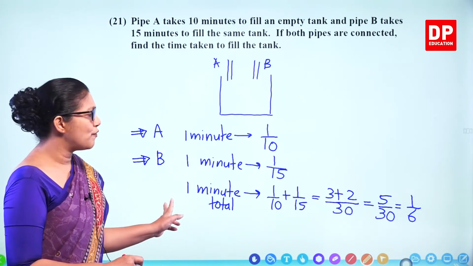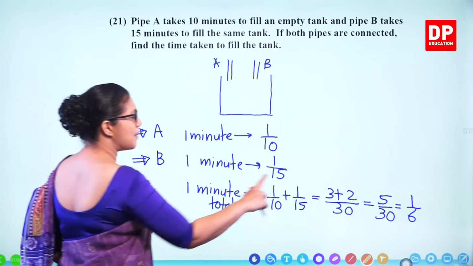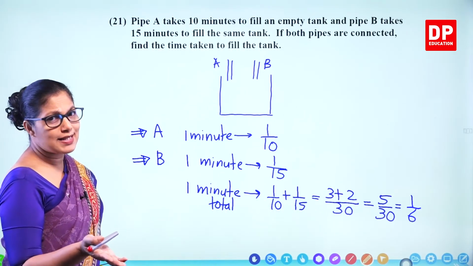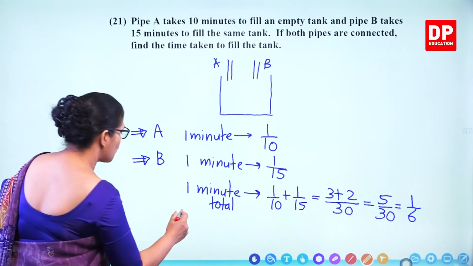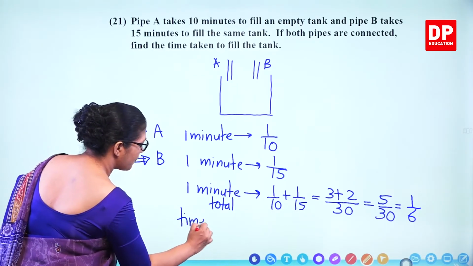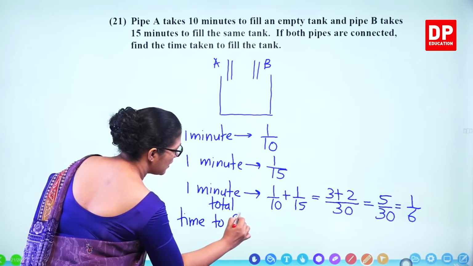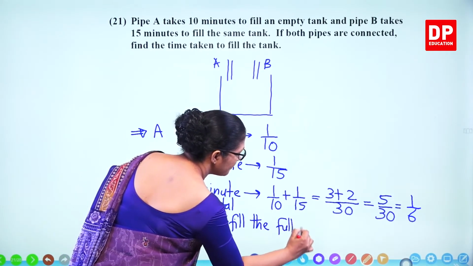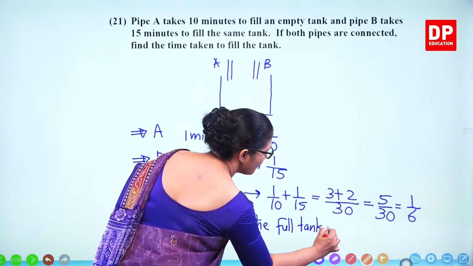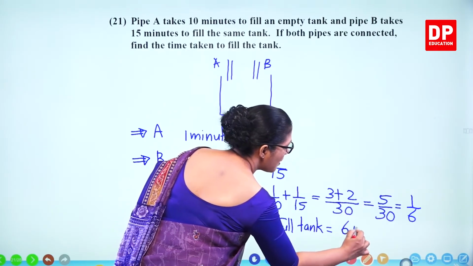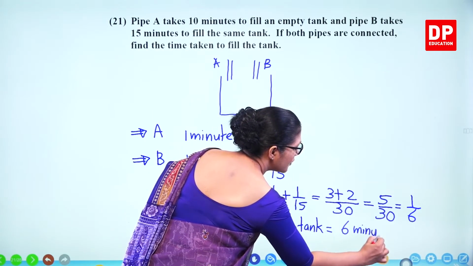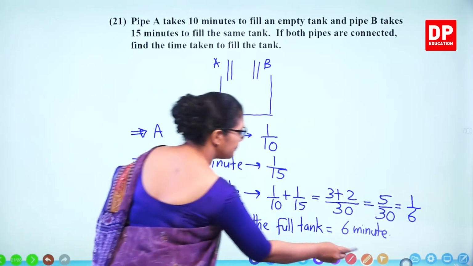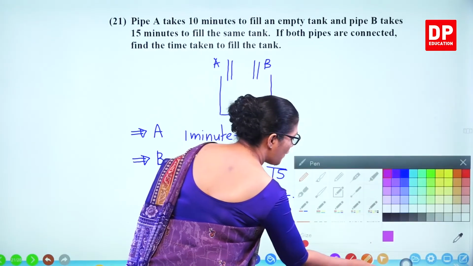So if you want to fill the full tank, that means 6/6. You multiply by 6. So how many minutes? 6 minutes to fill the full tank. So you get 2 marks for that.